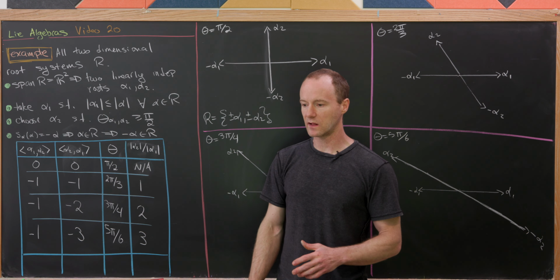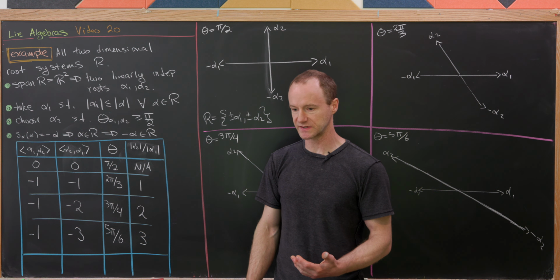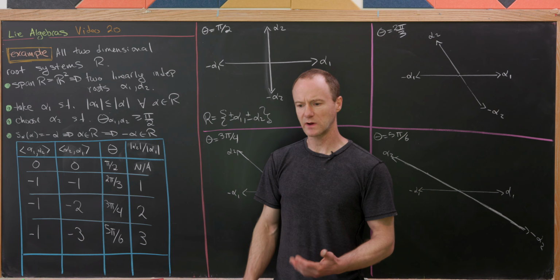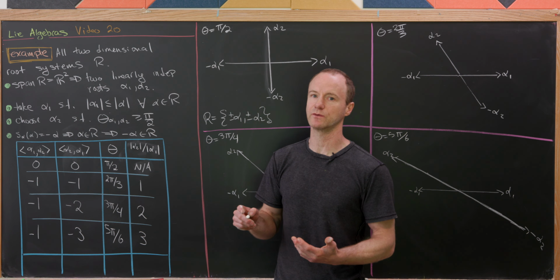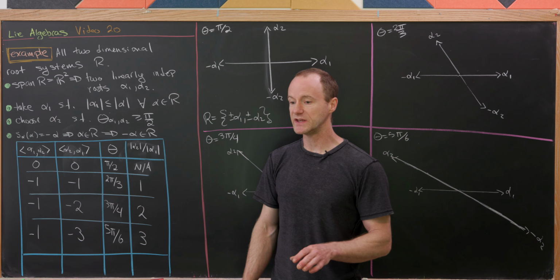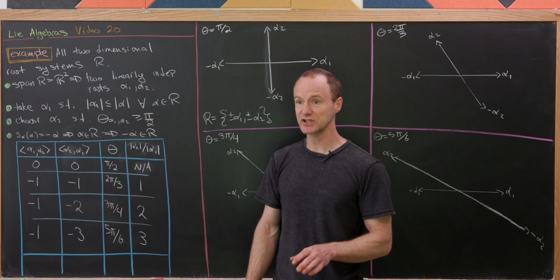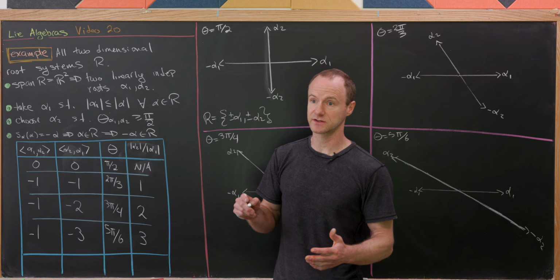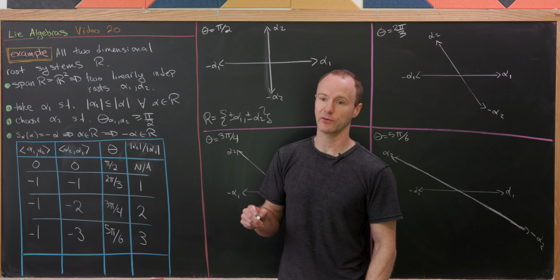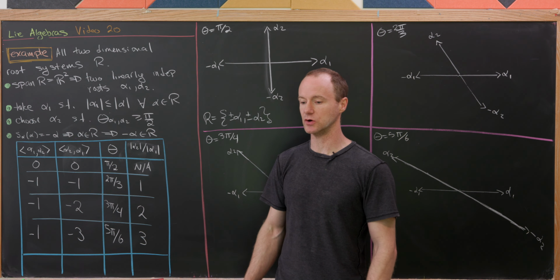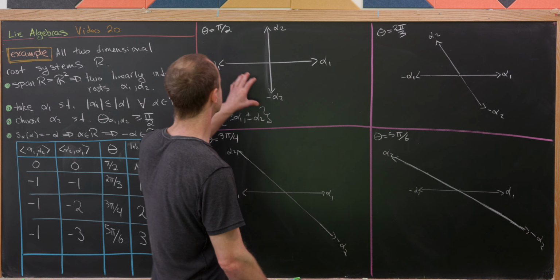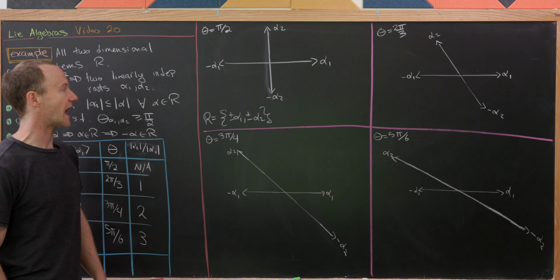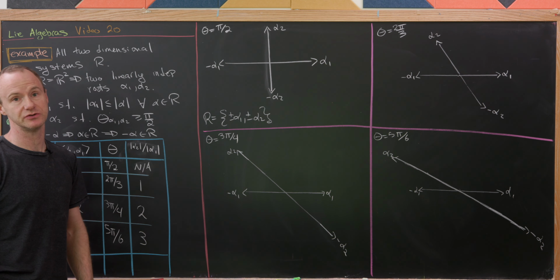And then, how do we build up the rest of the root system via these, what I'll call simple roots? That's essentially what we're going to call them later. Well, we do it by doing all possible S alphas, or reflections through hyperplanes, until we create a closed system.